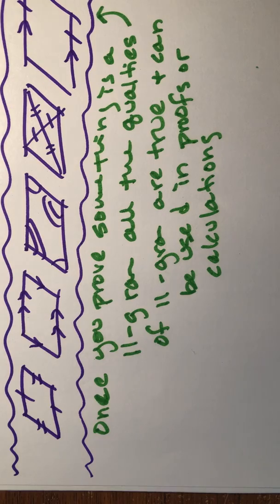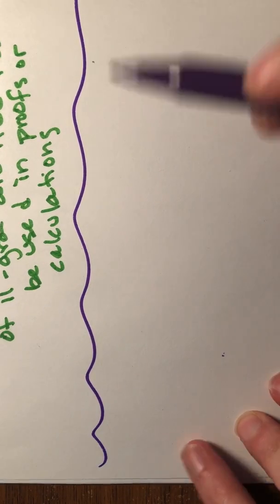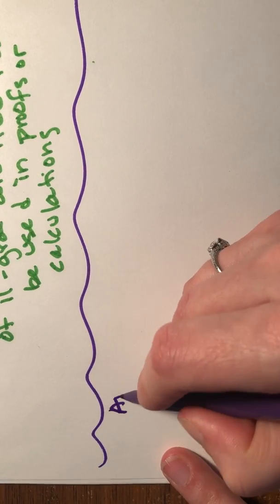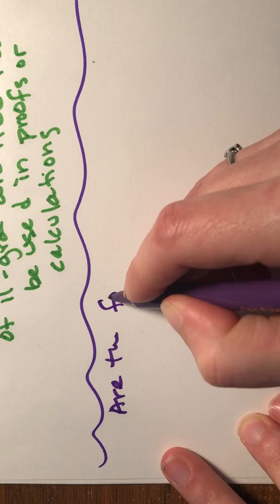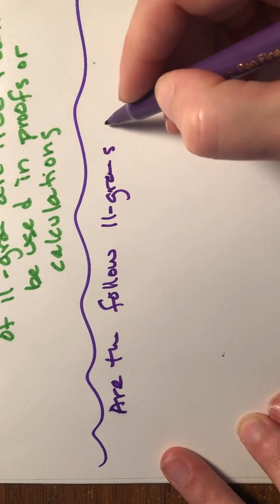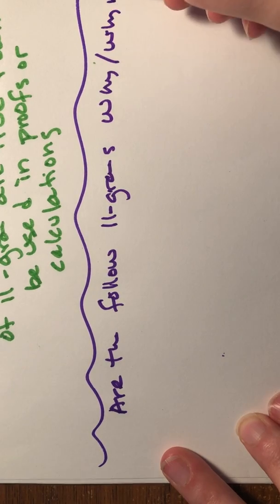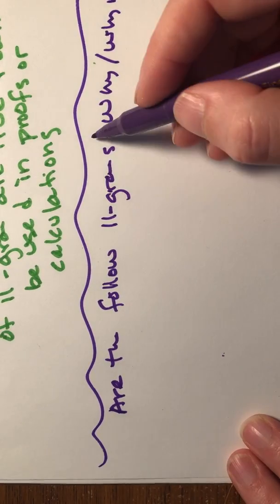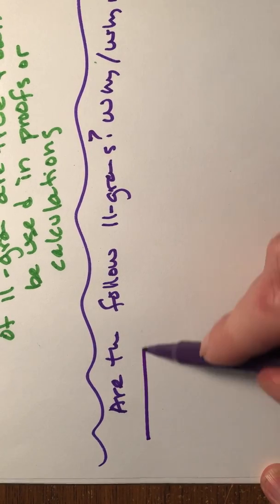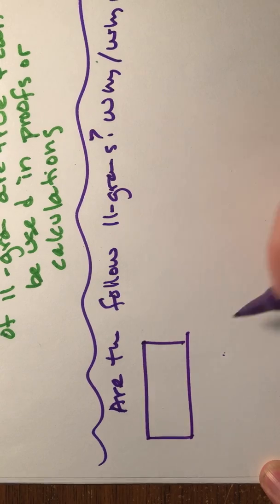Okay, now we want to do some examples. Are the following parallelograms? Why or why not? I'm going to just go ahead and draw them all as though they were rectangles.